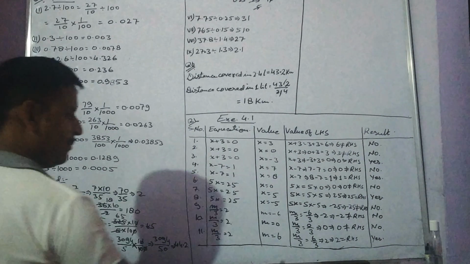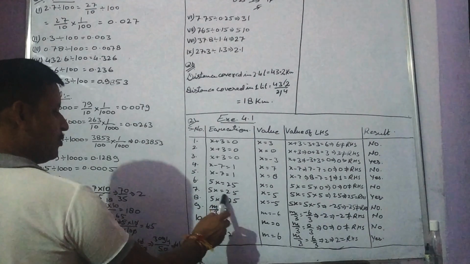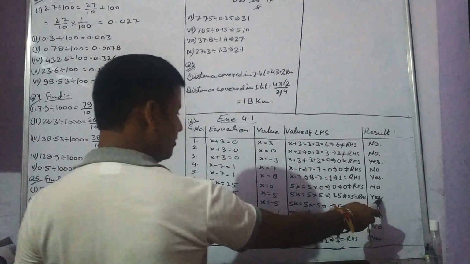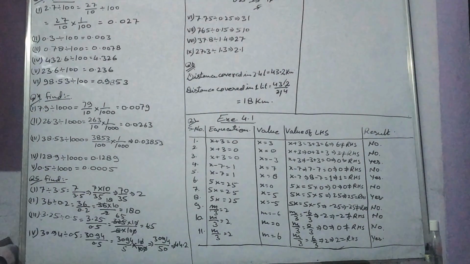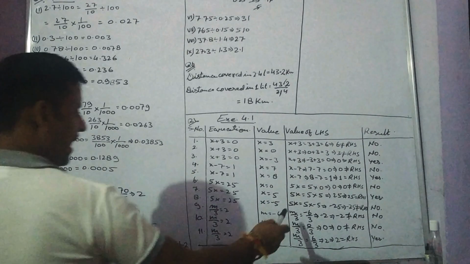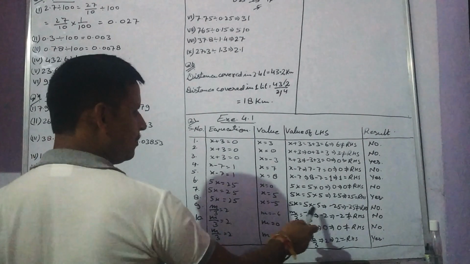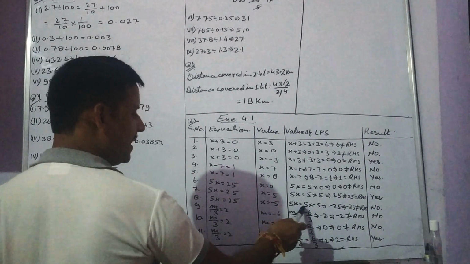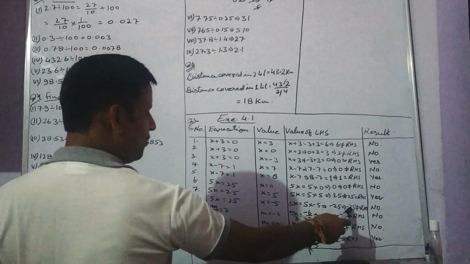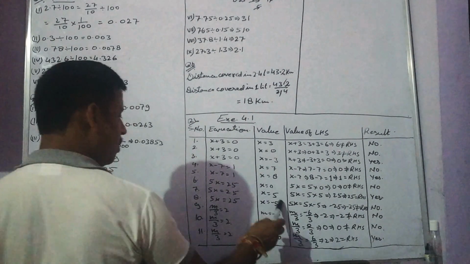So 5x equals 5 into 5, which is 25, and 25 is equal to the RHS, so that's why it is the value here. 5x equals 25 and the value of x is minus 5. So in place of x we put minus 5, that is 5 into minus 5, which is minus 25, and minus 25 is not equal to the RHS, so it is not the value of x.